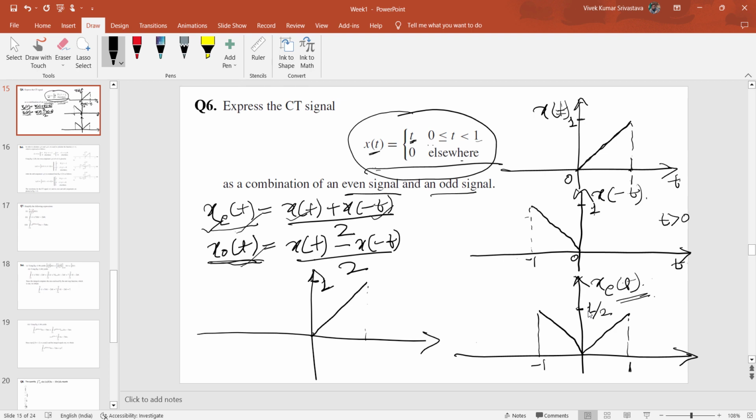Whereas for t less than 0, you will get the opposite, having amplitude of -1. Now that you have subtracted these two signals, you just multiply by a factor of 1 by 2, and you will get this signal. So this represents the odd part of the signal. That's how you can determine the even and odd part of any signal.